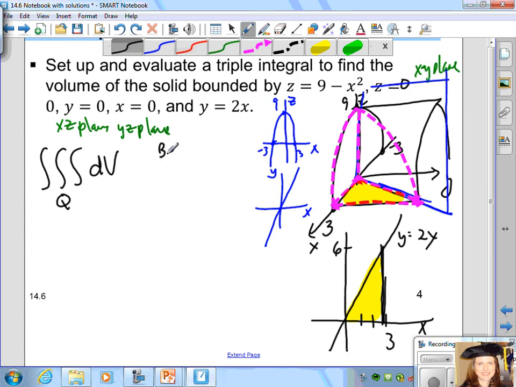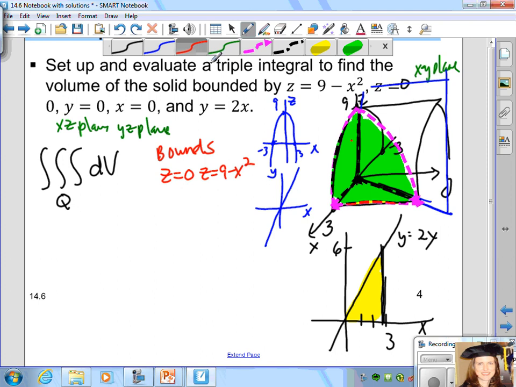The bounds for z would be a bottom z, that bottom of that solid region here. Again, we're looking at all this solid region here. The bottom of that region would be z equals 0. The top of that region would be z equals whatever the surface is, which is the tunnel. So the top of that would be z equals 9 minus x squared.